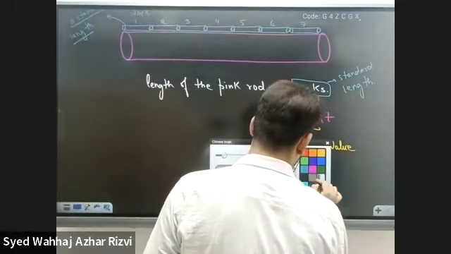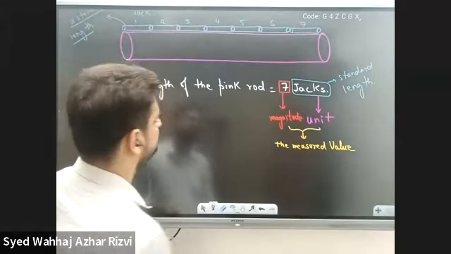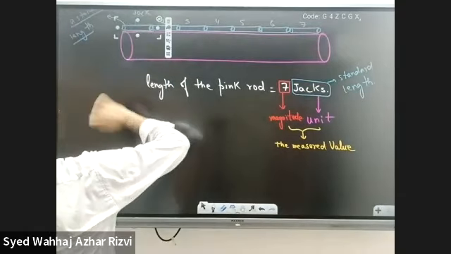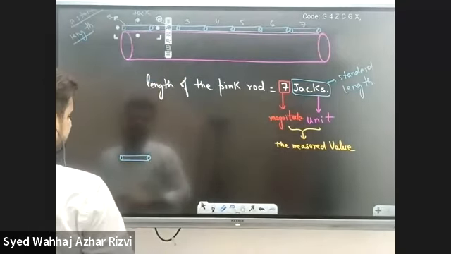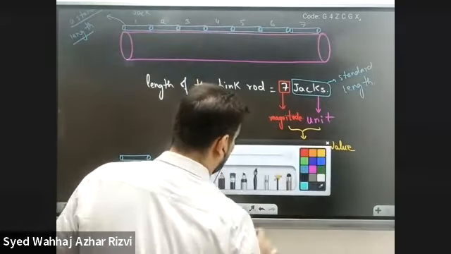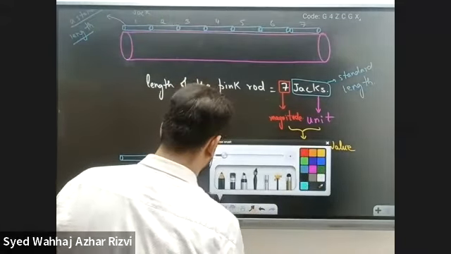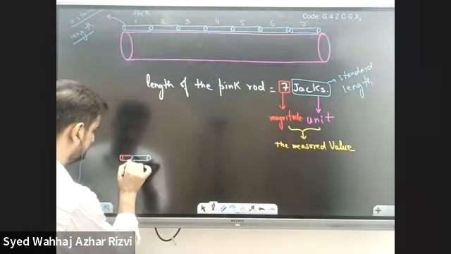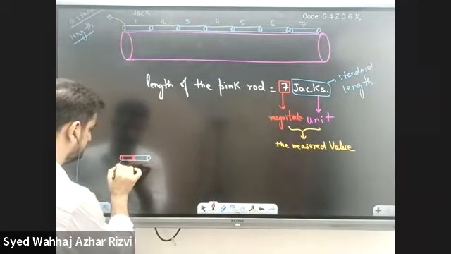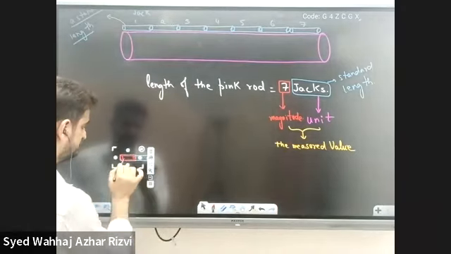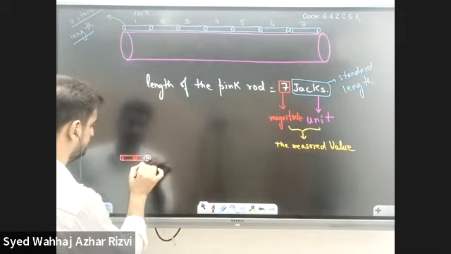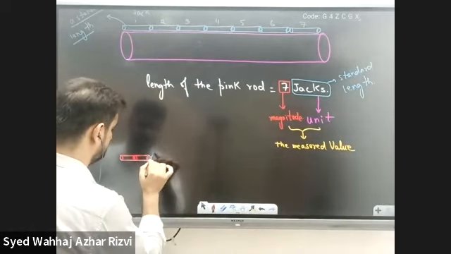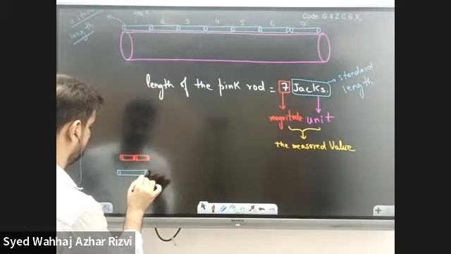Again, let's move ahead. Let's further deal with the ideas of units. So let's take this Jack again, and let's make another standard quantity. Let's make it equal to this one. What is it?